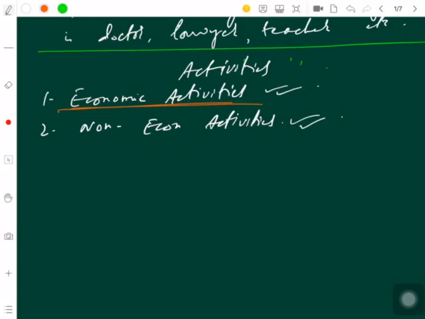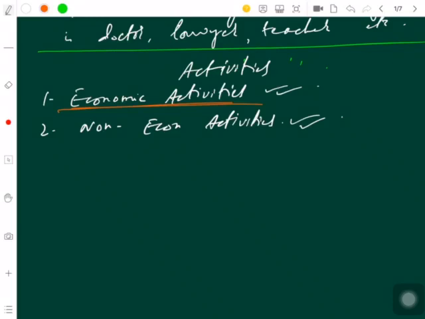Not only that, these are activities undertaken to earn something. Every person who is busy in performing these activities is doing it to earn money. So if economic activity is to earn money, then there must be certain activities which are not done for earning purposes, and those are called non-economic activities.